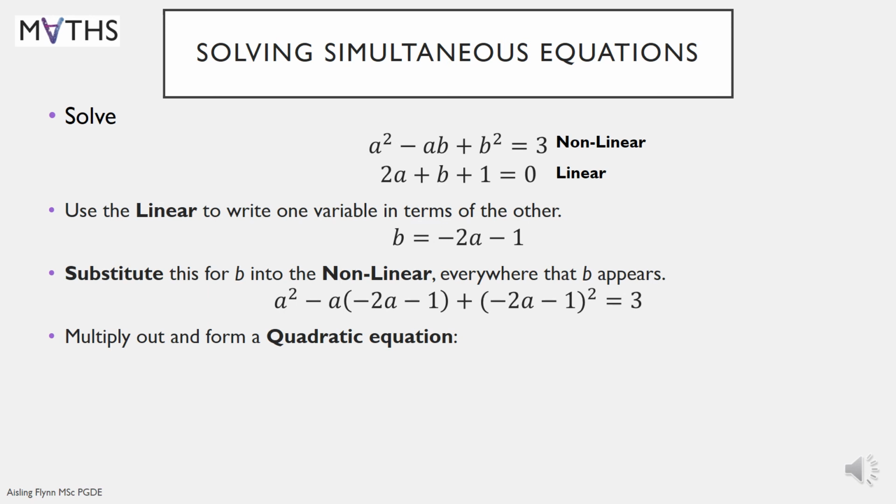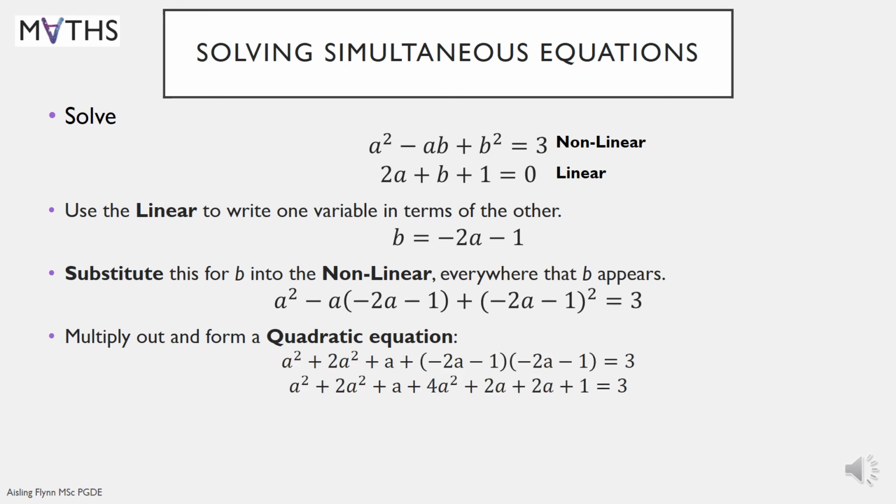And we should form a quadratic equation. So multiplying, and then simplify by adding like terms, and bring everything to the left, leaving it equal to 0 on the right, and we get this quadratic equation.